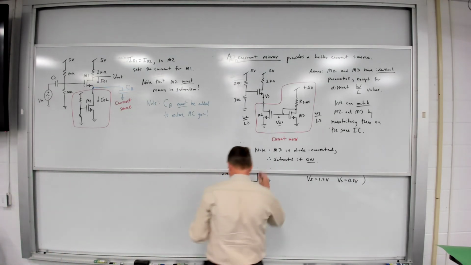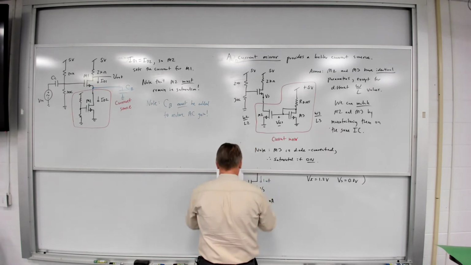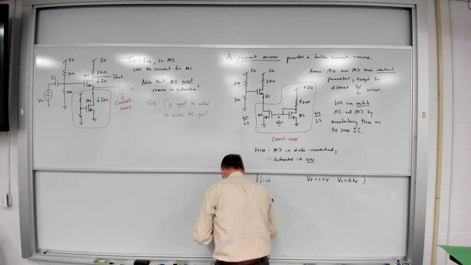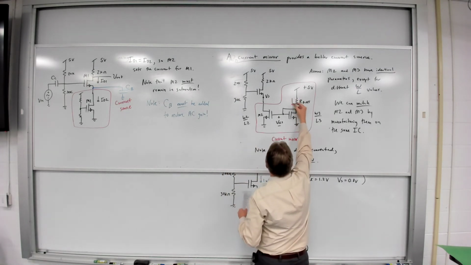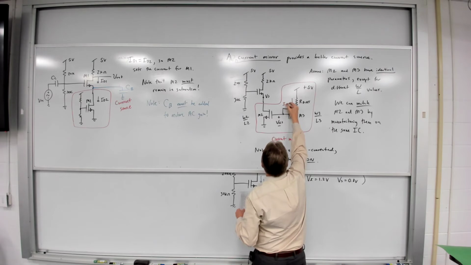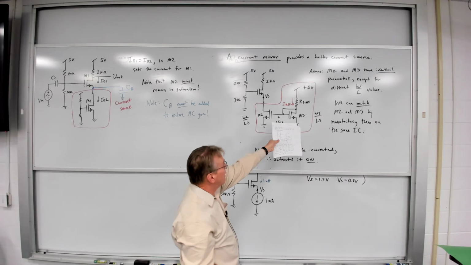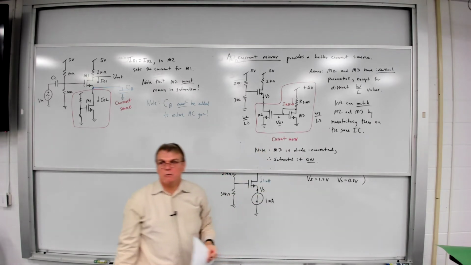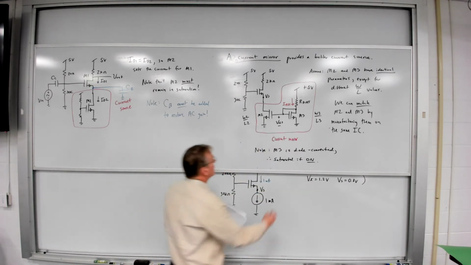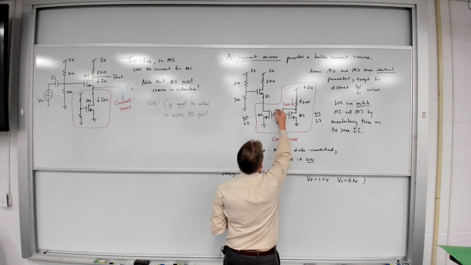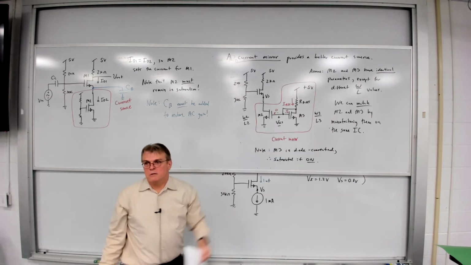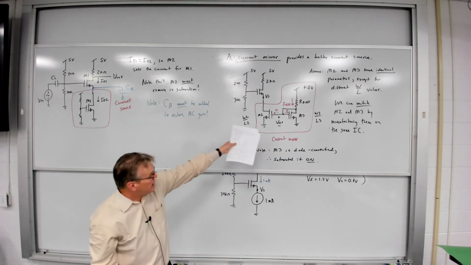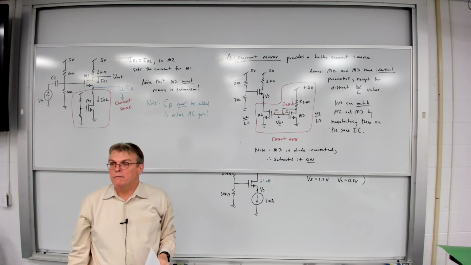So let's go through here, and I'm going to assume there's some current Iref flowing through R bias, which in turn is going to flow through M3. The gate currents are equal to 0, so there's nothing to worry about there. I know that ID3 must be equal to Iref.